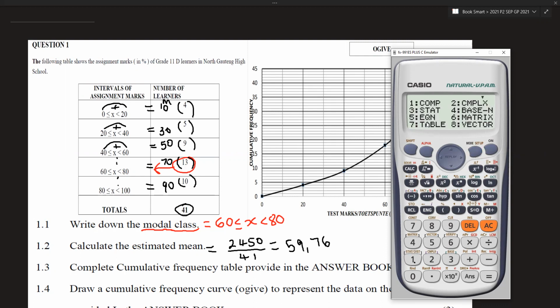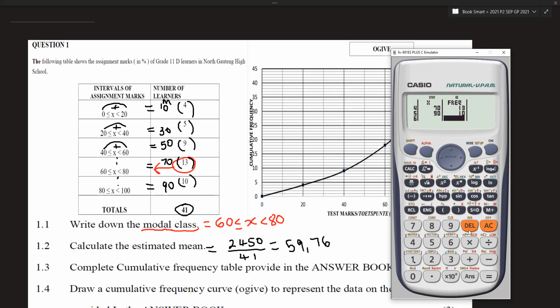You can go to mode, statistics, variance. Here you put your midpoints, which is 10, 30, 50, 70, 90. Then we go up and put the frequencies: 4, which is the first frequency, 5, the second frequency, 9, 13, and then 10.